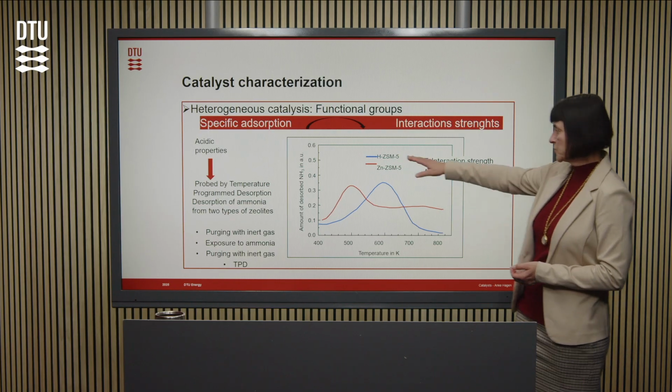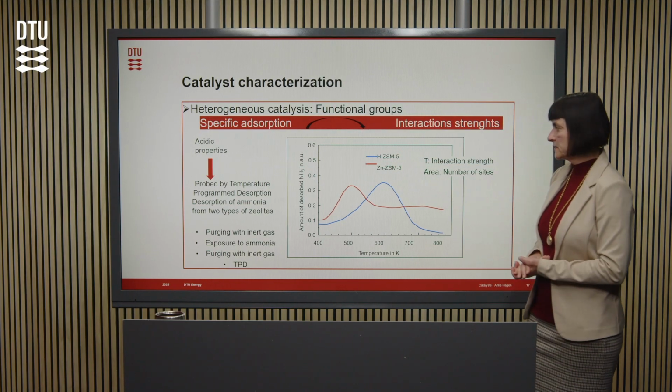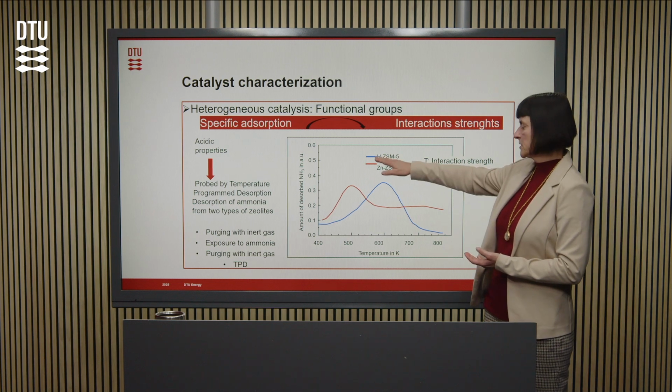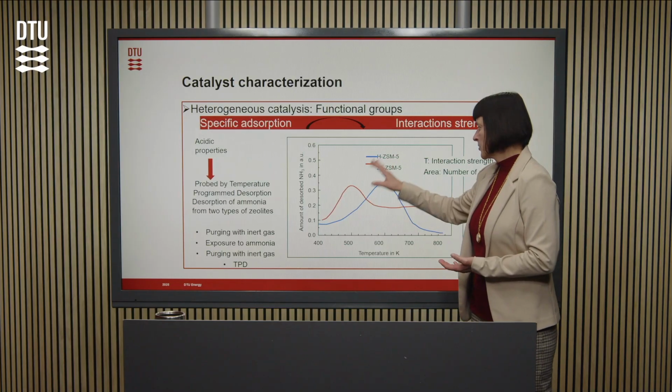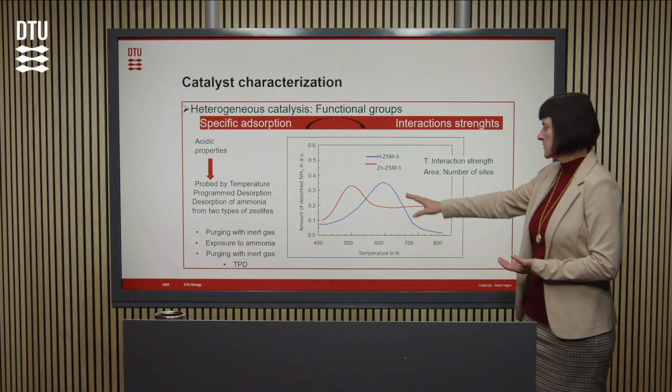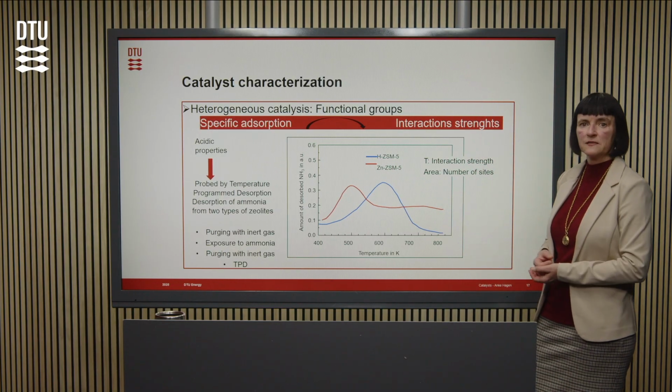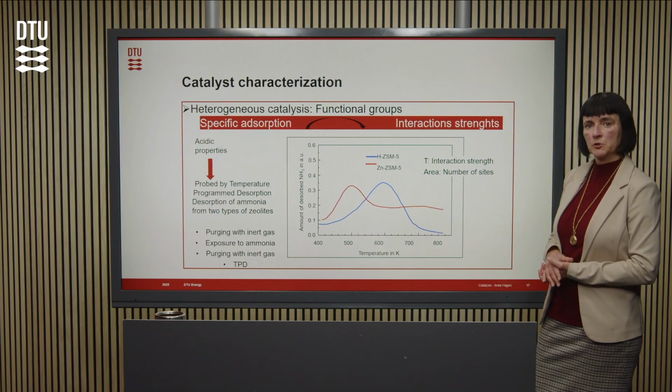And here we have two zeolite catalysts, one with a Brønsted acid site, one with a Lewis acid site, and you can see that this Brønsted acid site needs very high temperatures to release the ammonia, which means that would be a very strong acid site.